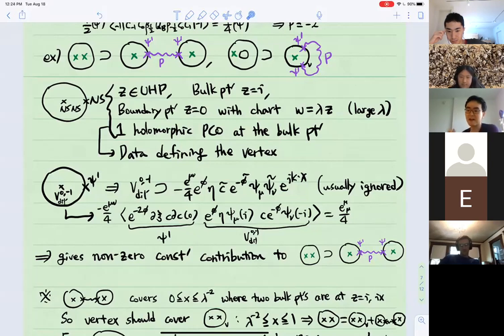But actually there are extra terms which people omit all the time. That's because in the picture changing operator, there's an operator which looks like e to the 2 phi, partial eta, and e to the 2 phi, total derivative of, I think, sorry, total derivative of e to the 2 phi, eta b.